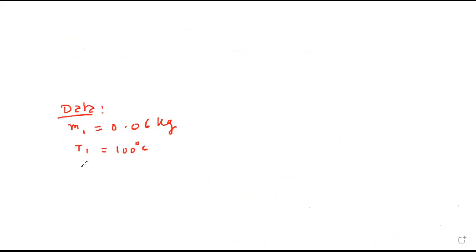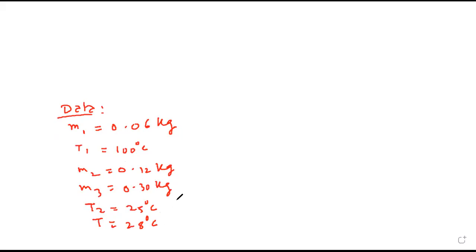It is then dropped in the calorimeter whose mass M2 is 0.12 kg, containing water of 0.30 kg at temperature T2 of 25 degrees Celsius, till the temperature finally becomes 28 degrees Celsius. Calculate the specific heat capacity of aluminium S1.